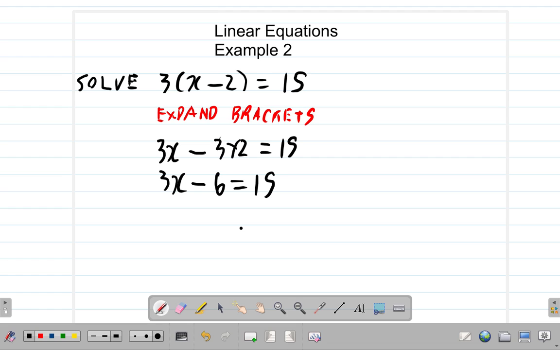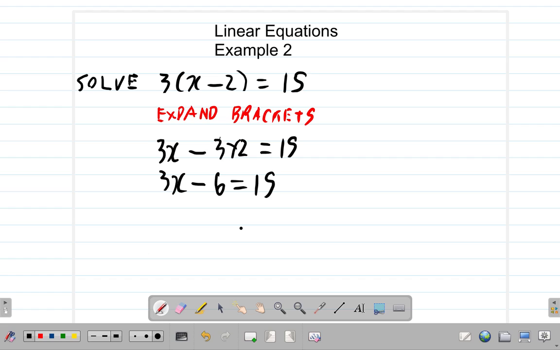Now, you have x on the left hand side and there are no other x's. So that's good. But the problem is you have negative 6 and you have 3 mixed up with the x. So what to do?